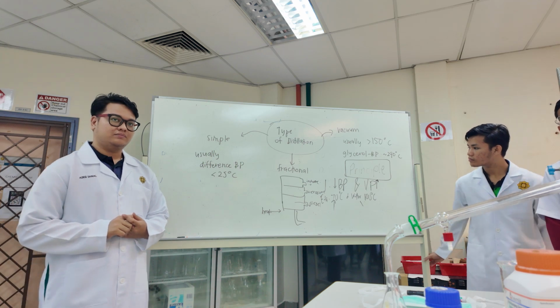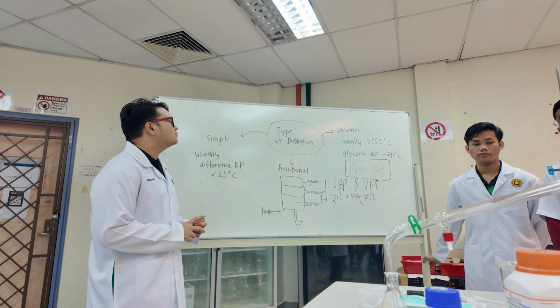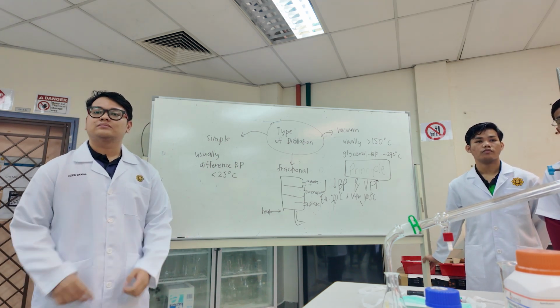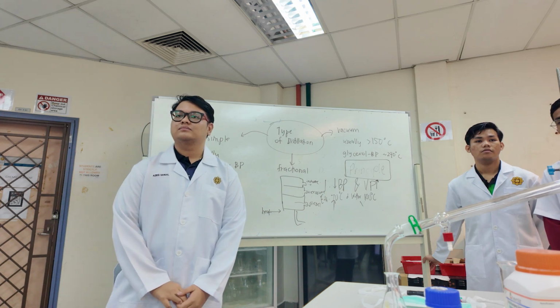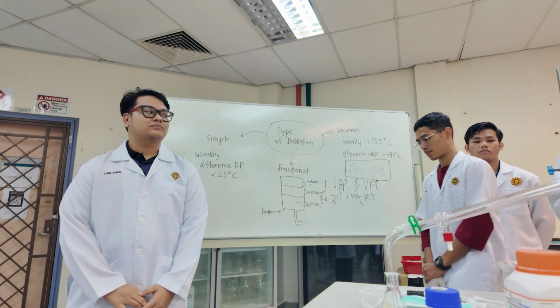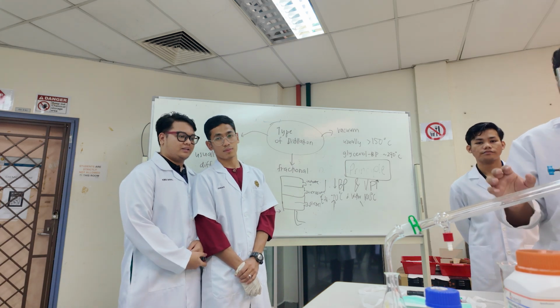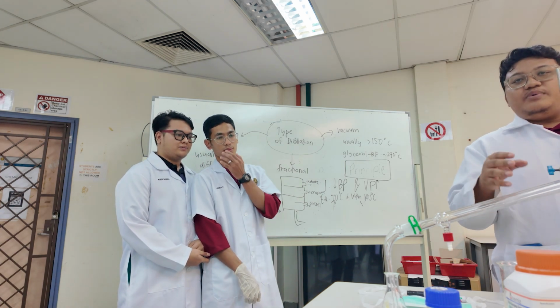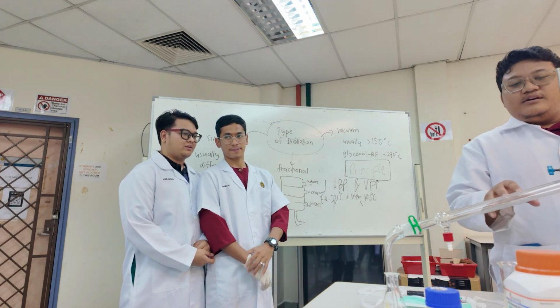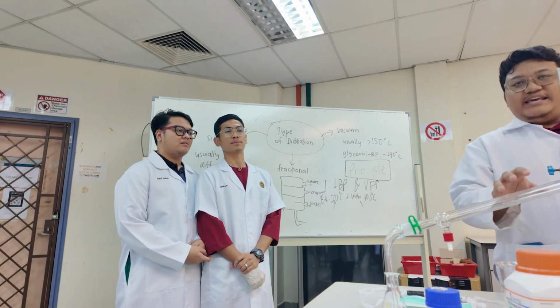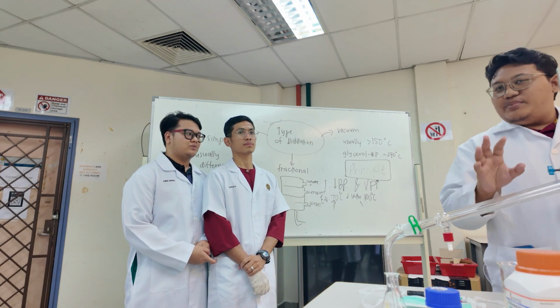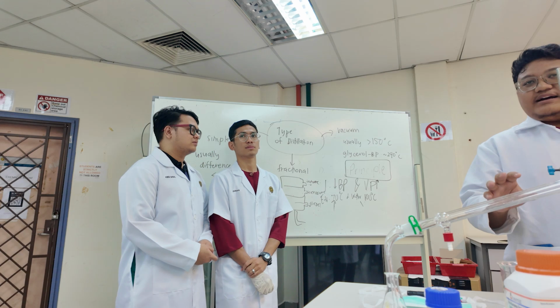At the boiling point, the liquid will change into gas, the vapor. What we call this phase change is evaporation. And then the vapor will flow into the condenser. The phase change will condense the vapor to liquid, which we call the distillate. That's all that happens in this distillation.